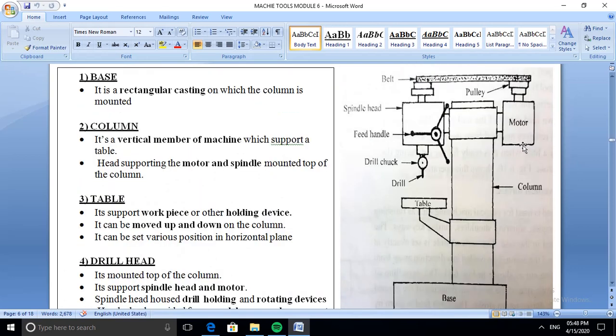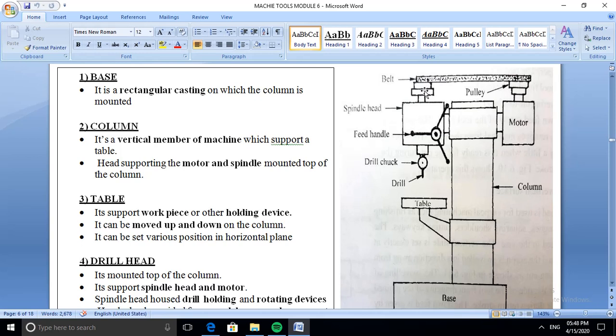We can transfer this power from the motor to the spindle by using a belt drive. These pulleys are used to change the speed. We can change the speed of the spindle by moving the belt to different pulleys, and then the power is transmitted through the belt to the spindle.